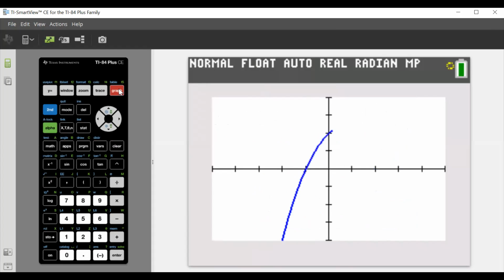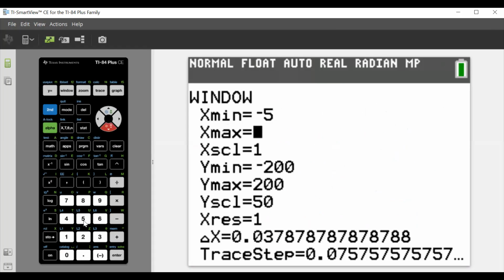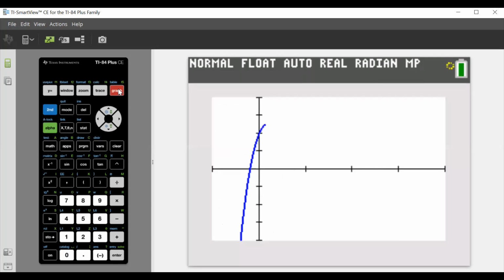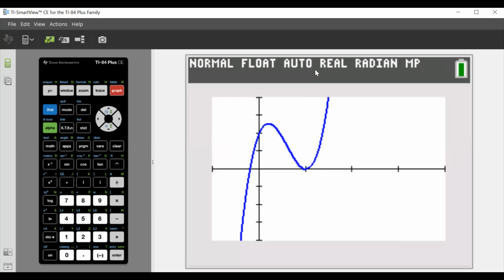And now we graph that. Now we need to have our window go out further to the right, so let's go out to 20 and do it by 5. All right, so that's our graph. We need to maximize that point there.